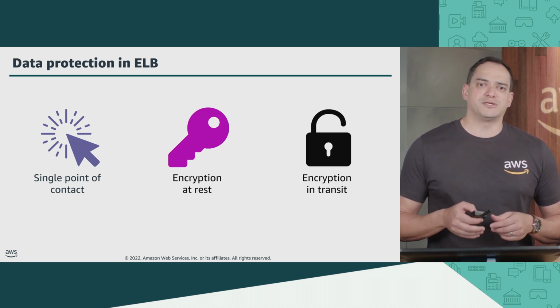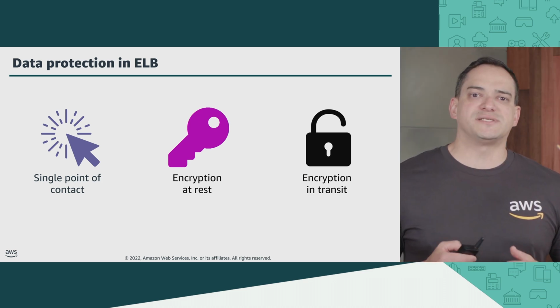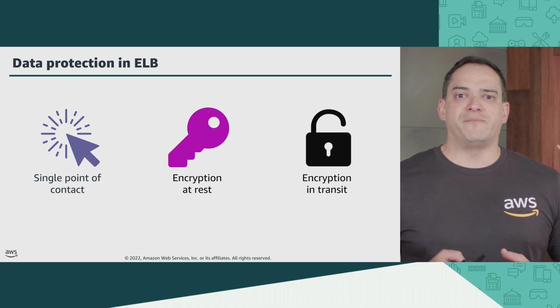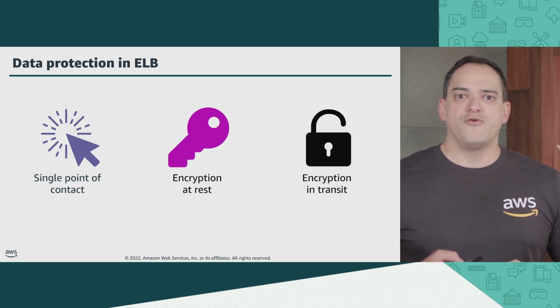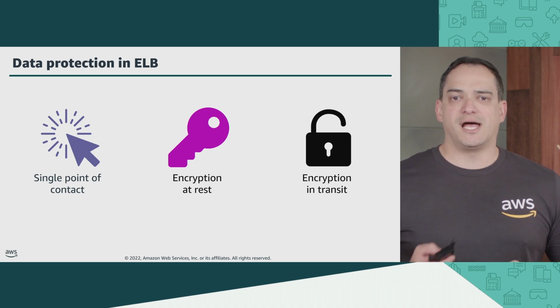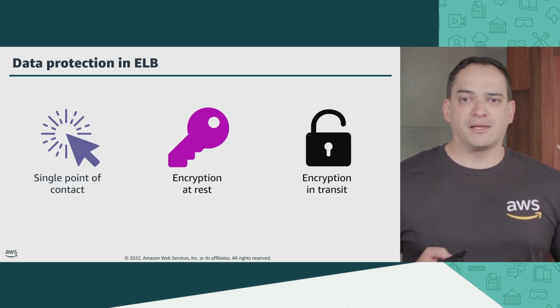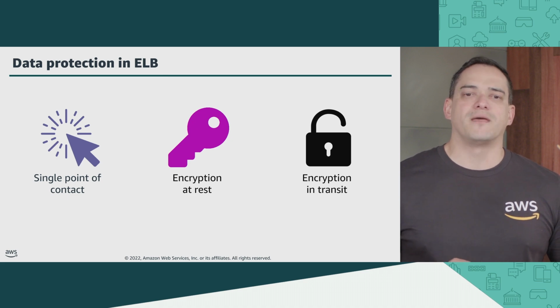Second, if you enable server-side encryption with Amazon S3 Managed Encryption Keys, also known as SSE-S3, for your S3 bucket for ELB access logs, the ELB service automatically encrypts each access log file before storing it in your bucket. ELB also decrypts the access log files when you access them.